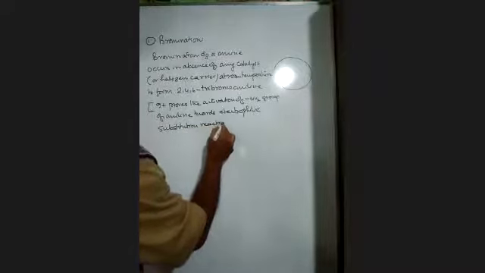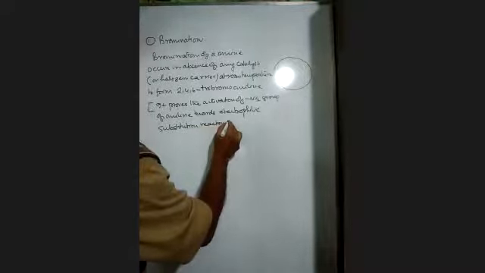Sometimes a question is asked in CBSE: how can you prove that amino group of aniline is a strong activating agent? So you simply write that electrophilic substitution reaction of amines occurs in absence of any catalyst. So it proves that amino group is a strong activating group. I have written this for CBSE students.